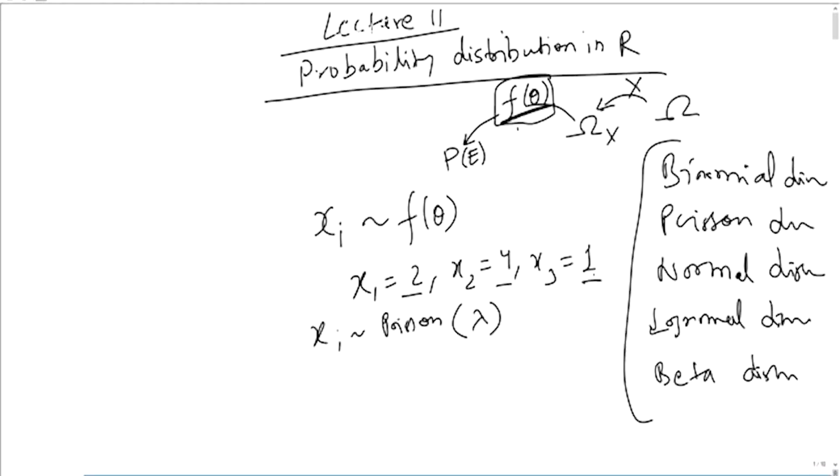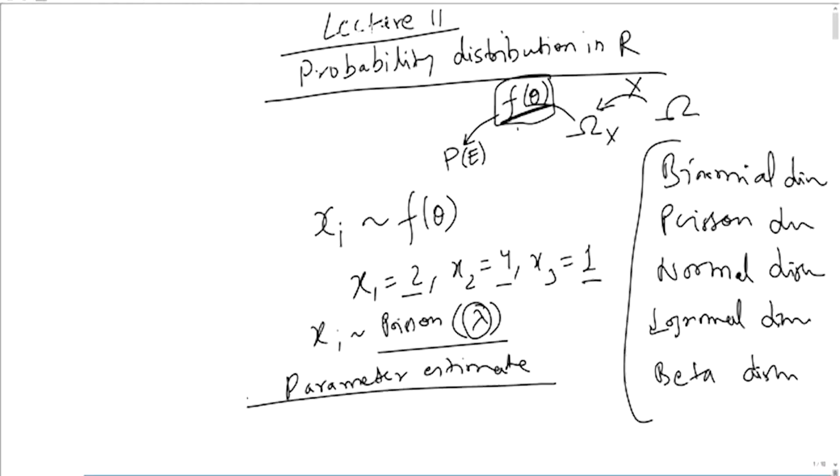Although you are assuming that these data are generated by a Poisson process, you don't know the underlying value of lambda which would generate exactly these data points, okay? So that's what we try to estimate. This is called parameter estimation. So given the data, we try to estimate what values of lambda would generate this data, okay?